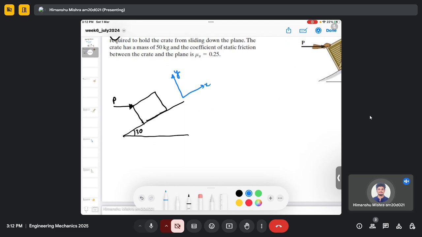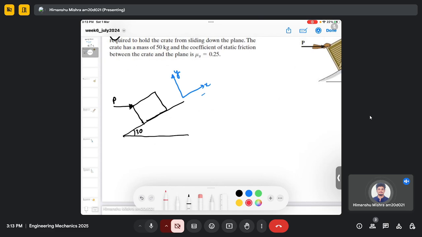You can even consider a regular Cartesian coordinate system like this, and comparatively you will find that the calculation is a little more involved. So just to simplify our calculation, we adopt this coordinate system.